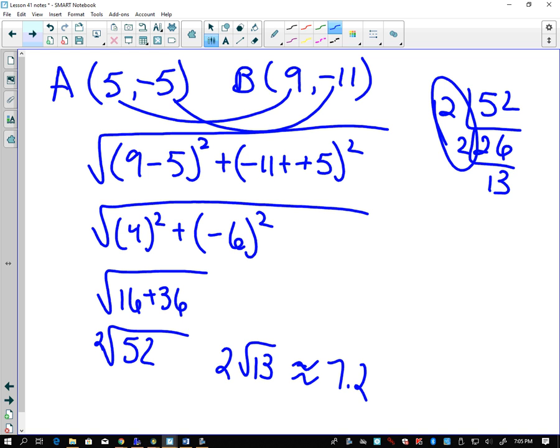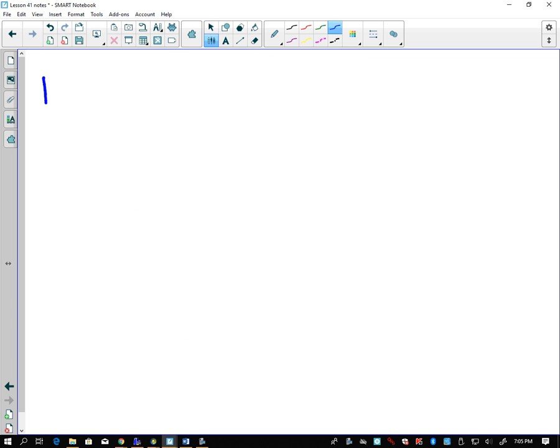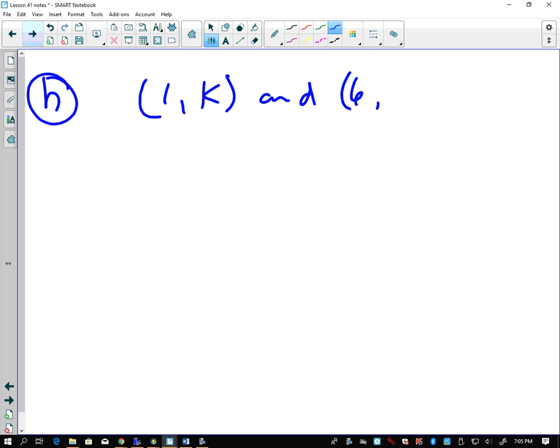Let's look at H. H in your homework is one that might give you fits. Find 2 possible values of k so that the distance between (1, k) and (6, -3) is 13. There are 2 ways we could set this up.